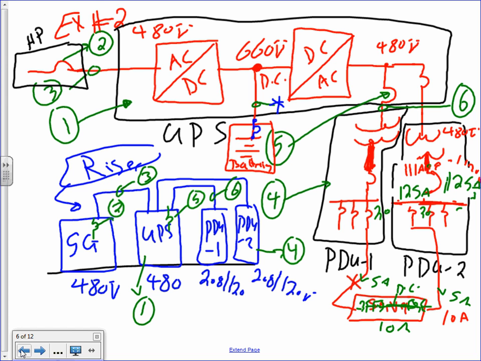Your UPS is going to be 480. Your PDU will be 480, but it also has a transformer inside it, 208/120. When you drop the PDUs in our project, it's going to have 2 connectors. One says 208, and one says 480. I'll show you that one when we start doing power.